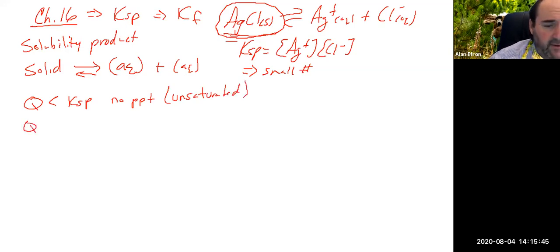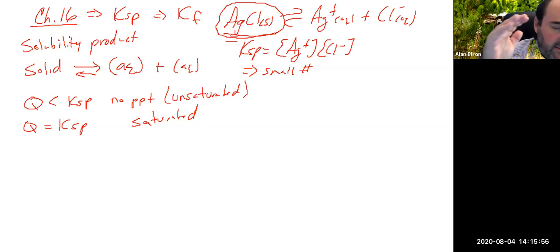If Q is equal to the KSP, it typically is a saturated solution. Remember, a saturated solution is basically a solution where you've hit the maximum amount of solid that will dissolve in a solvent at that point. If you put more solid in, it will not dissolve.